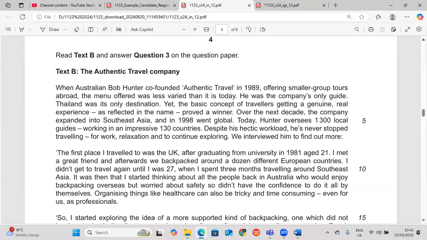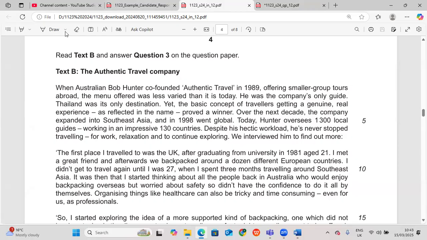All right, and then see, I've told you you need to rephrase this. Rephrasing or writing sentences in passive voice is very much important, right?